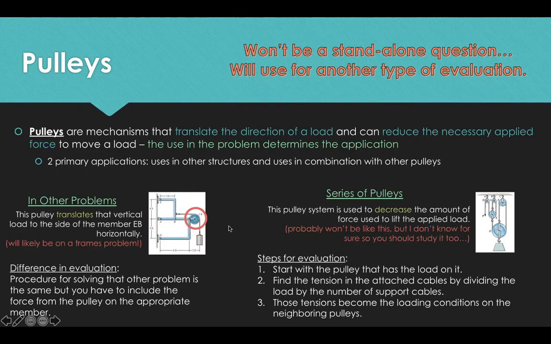Looking at this, it's a frames problem, right? So you pull all the pins and separate everything. This member right here is a 2-force member. I hope you guys remember that. The only things happening on this member are the reaction forces at the pins, which means I can approximate it as one force that connects these two pins. That's one simplification.